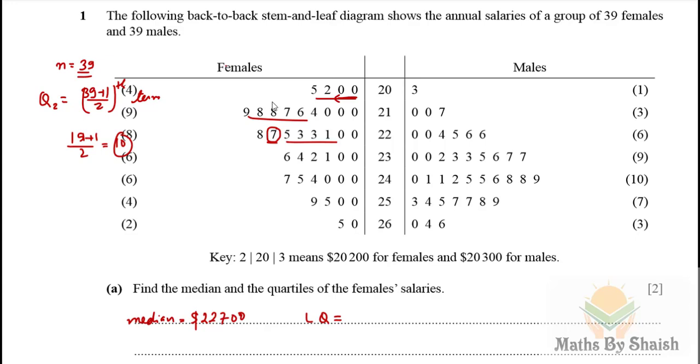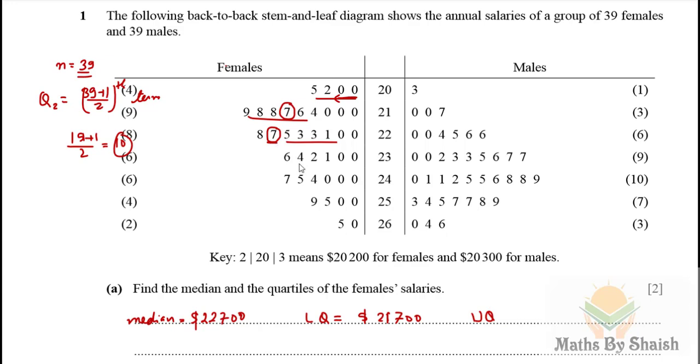The 10th value: 4 values here, 5th, 6th, 7th, 8th, 9th, 10th. So the 10th value is this 7. It means this value becomes $21,700, because of the key.